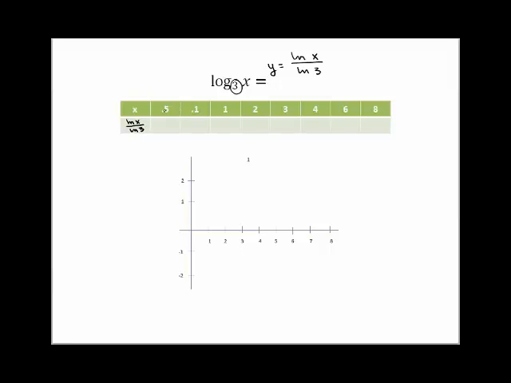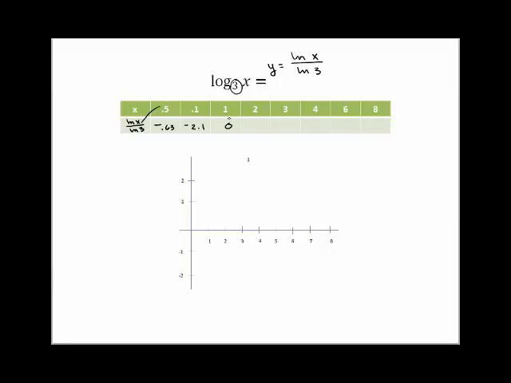All right. Once again, we're going to take these values of x, because this is a function again, and put them right in there. So you're going to do the first one, ln of 0.5 divided by ln of 3. And you should get a negative number, about 0.63. And 0.1 should be negative 2.1. 1 should be 0.